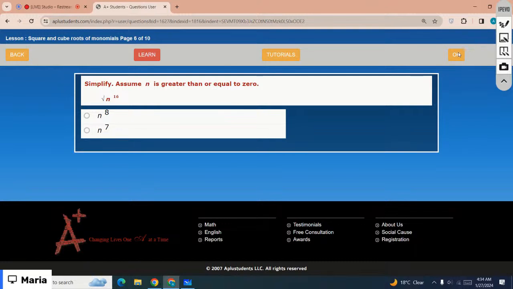Which option is the correct one? Yes, the correct option is n exponent 8. Option number 1 is the correct option.